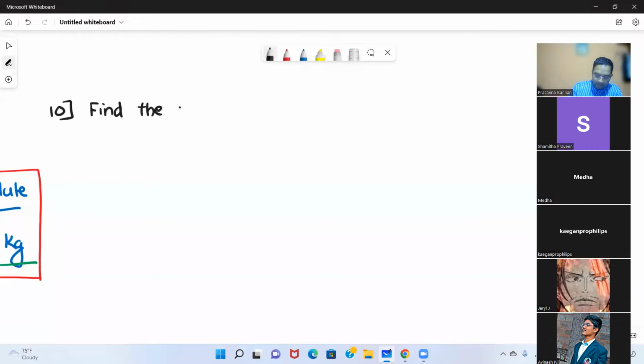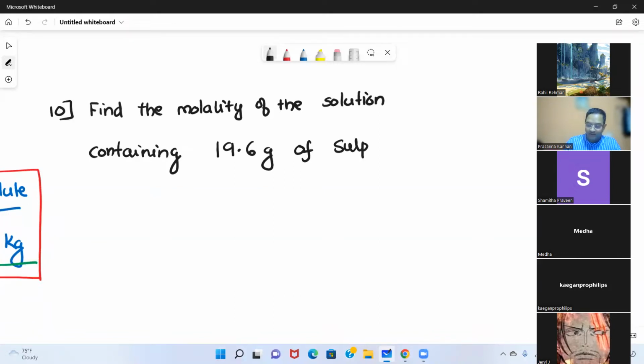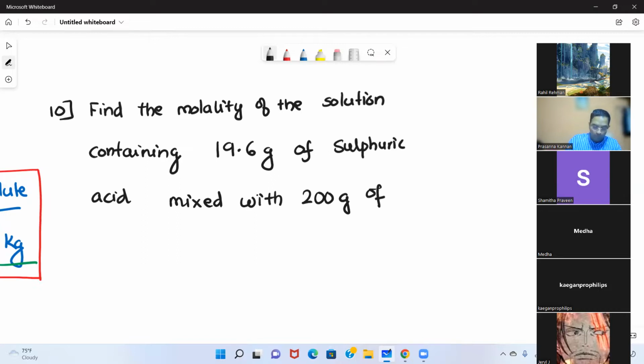Find the molality of the solution containing 19.6 grams of sulfuric acid mixed with 200 grams of water.